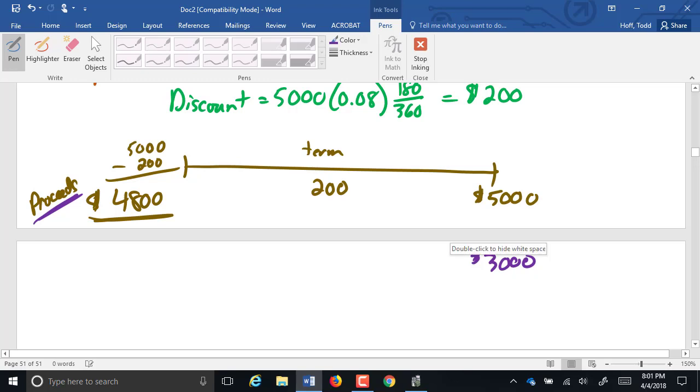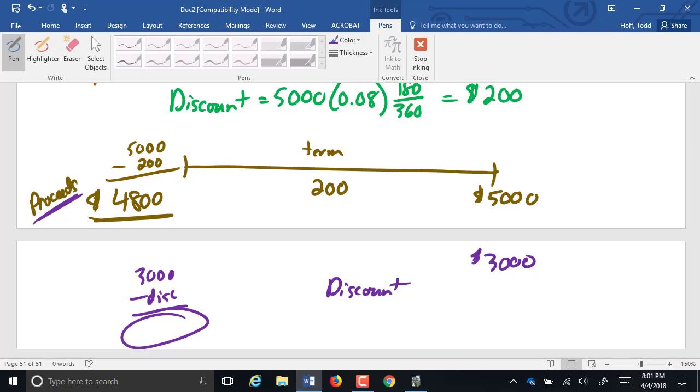They're going to figure out what their interest is. That's their discount. Then what they're going to give you is $3,000 minus that discount. They want to make sure that at the end of the loan, if they have to take your car to pay it off, your car is worth enough to do it.